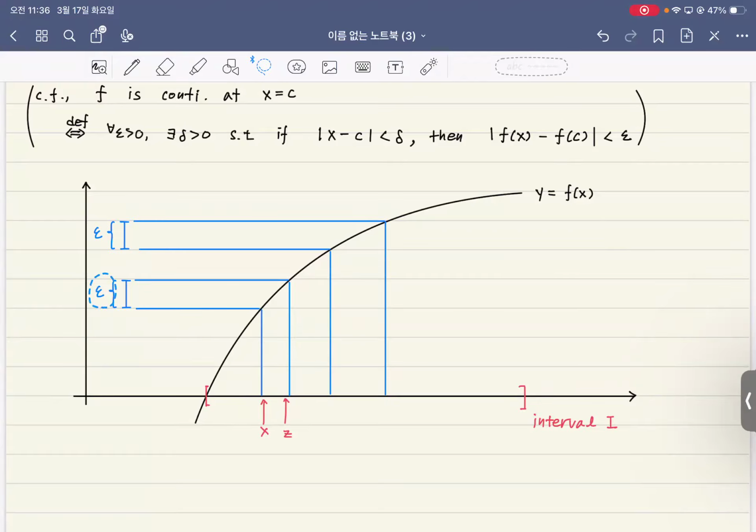So for this epsilon, is it my proper delta? No, not exactly.